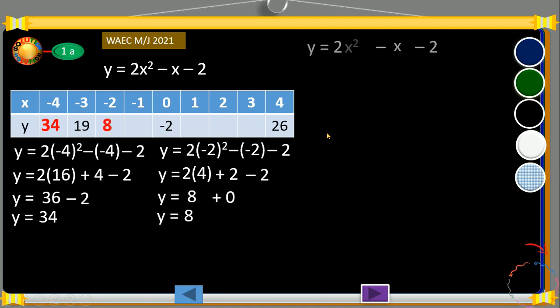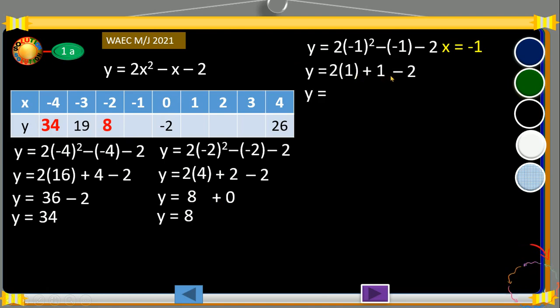Now for x equal to minus 1, we're going to replace this with minus 1, replace this with minus 1, and on simplification we are going to have 2 times 1 plus 1 minus 2. 2 plus 1 is 3, minus 2. The final answer will give us 1. So y is equal to 1 when x is equal to minus 1.